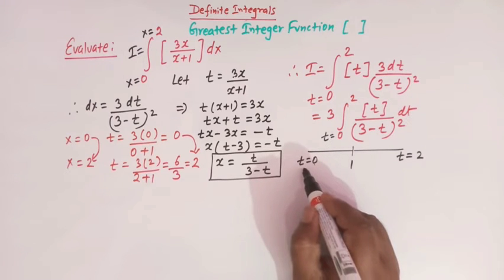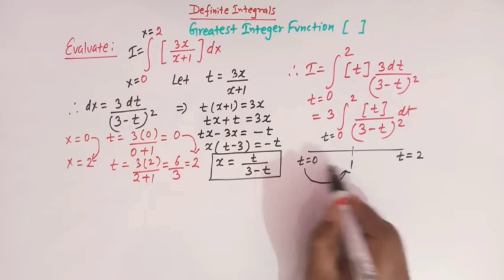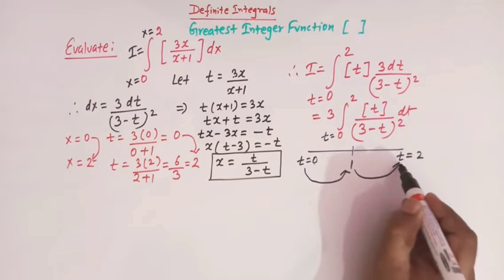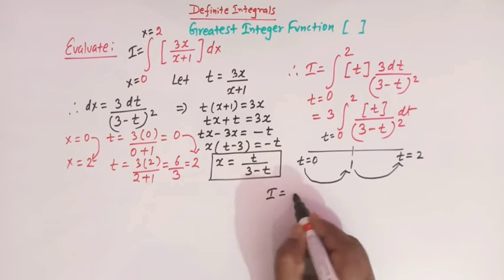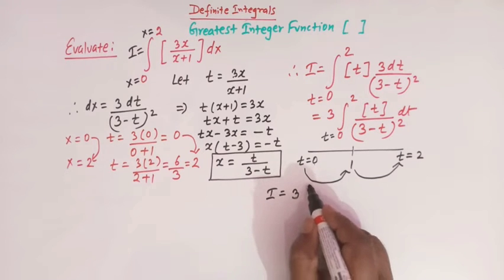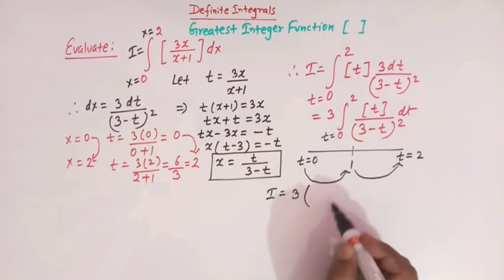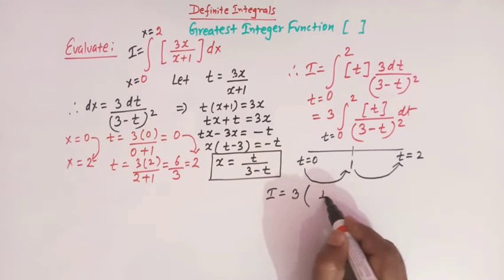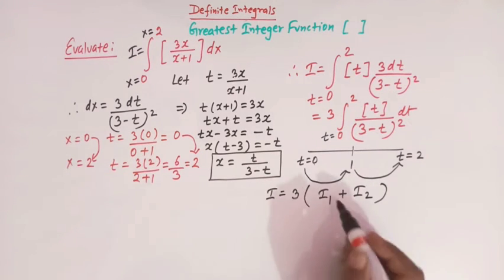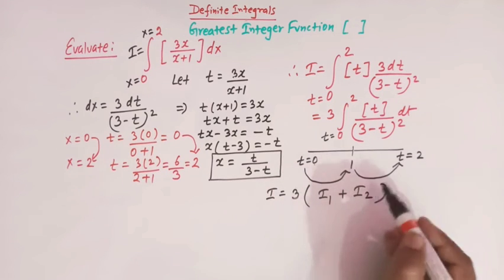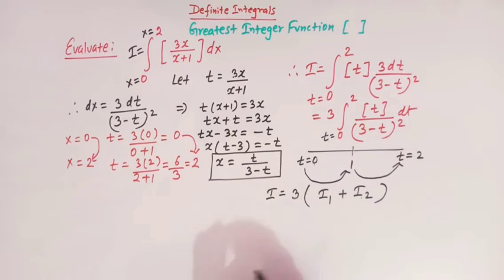So what we will do, we'll split our integral from 0 to 1 and 1 to 2, right? So now I can be written as 3 times this integral, which can be written as a sum of two integrals, I1 and I2. I1 is from 0 to 1, I2 is from 1 to 2.